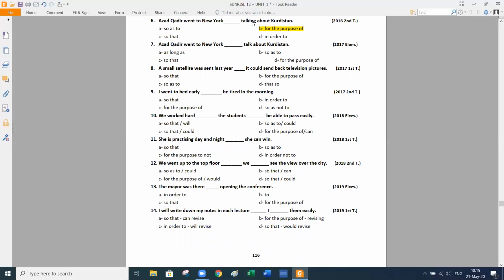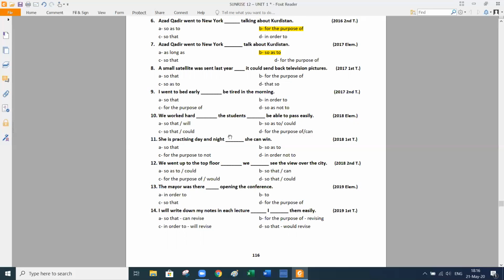Verb ing is used in number 6, but in number 7, verb 1 is used. Azat Kadir went to New York, as long as, no, so as to talk about Kurdistan, yes. So that, talk, no, for the purpose of, no. So the answer is B. So as to talk about Kurdistan.